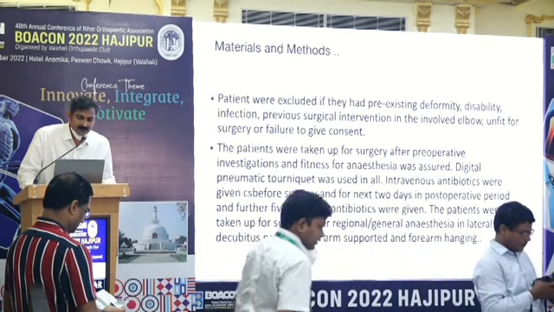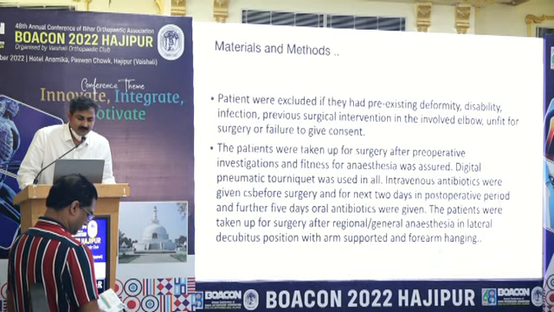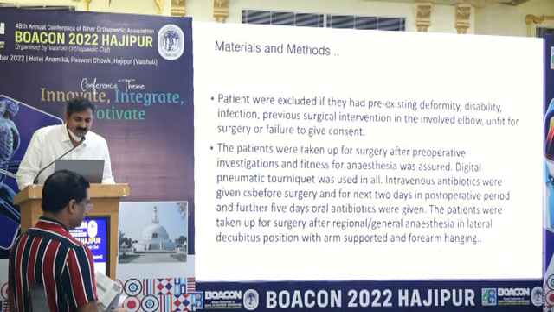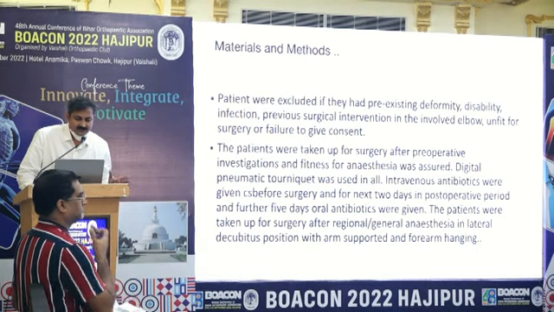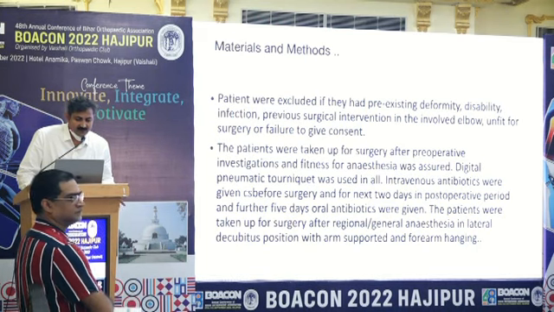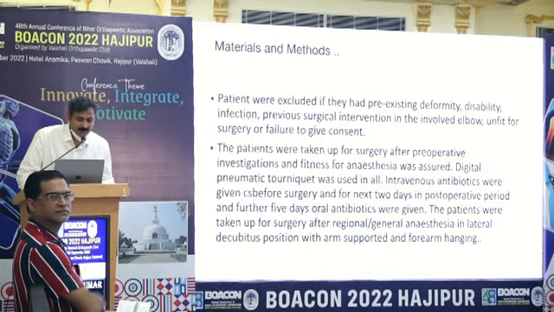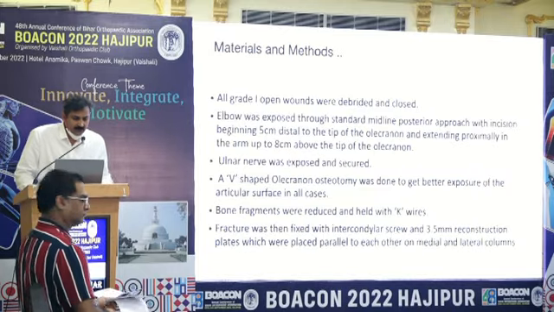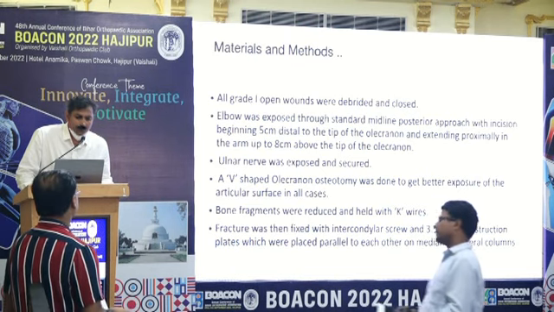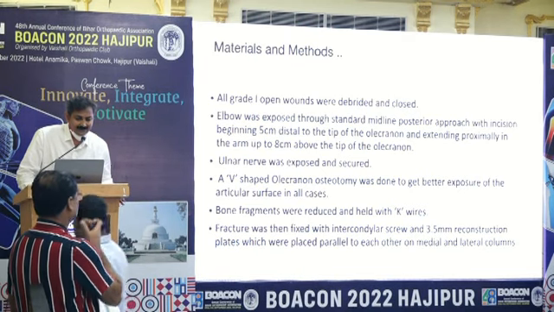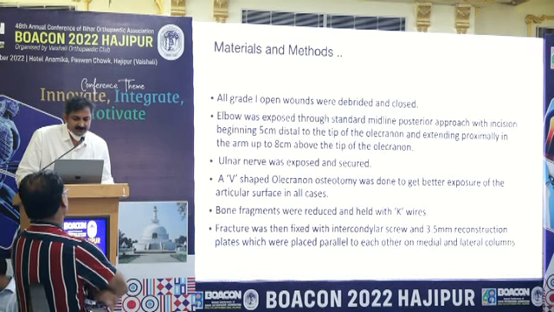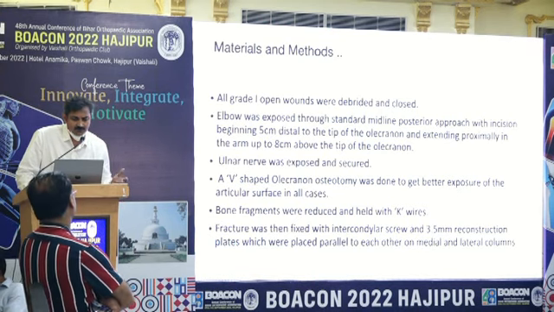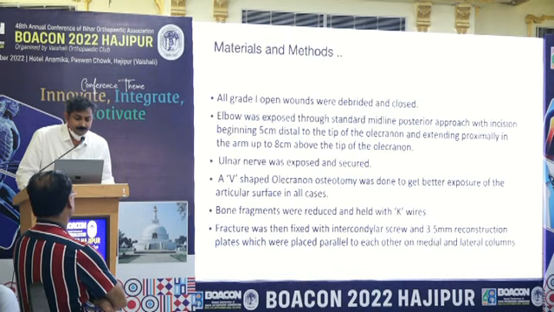The patients were taken for surgery after preoperative investigation, fitness and anesthesia. A pneumatic tourniquet was used, IV antibiotics were given for 2 days, and post-operatively 5 days of oral antibiotics were given. Grade 1 compound fractures were debrided and closed primarily, and an incision was made 5 centimeters distal and 8 centimeters proximal to the olecranon.